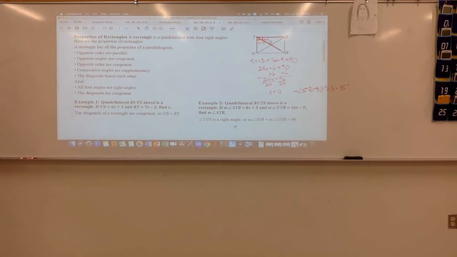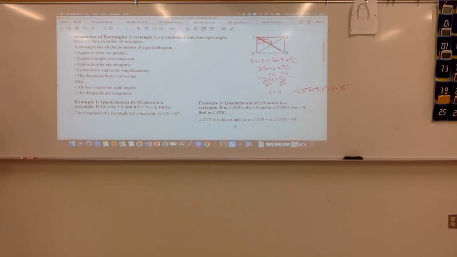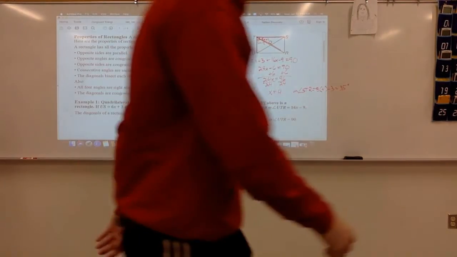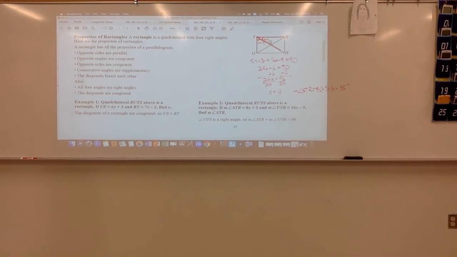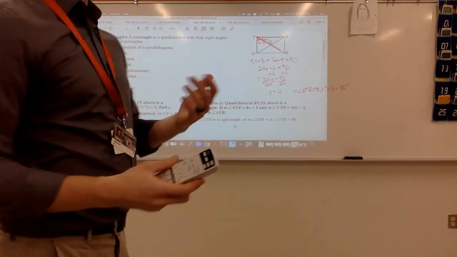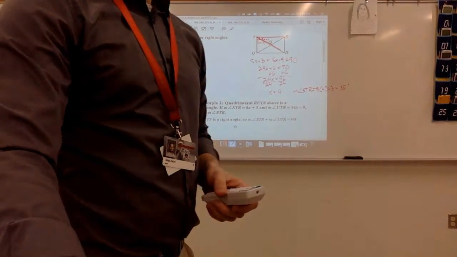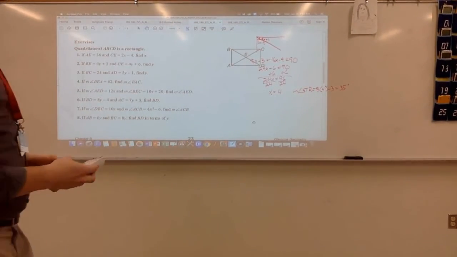You could be using that opposite angles are congruent, or consecutive angles are supplementary, or opposite sides are congruent. So let's take a couple of minutes here and see what you guys can do with the problems down below, all dealing with that picture that we're given there, quadrilateral ABCD.